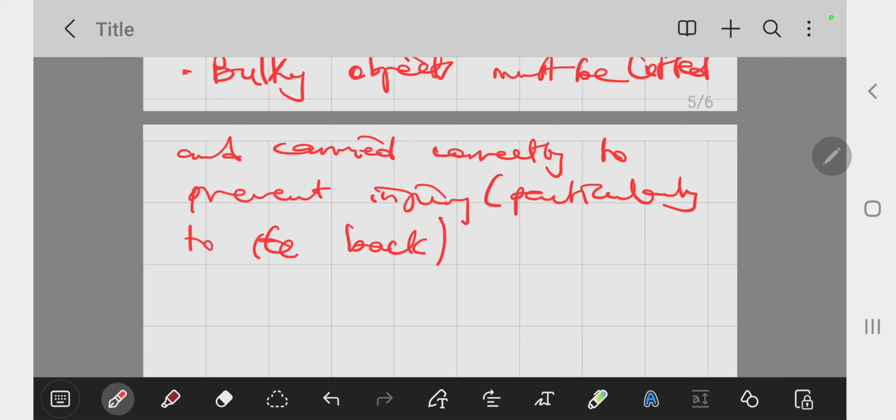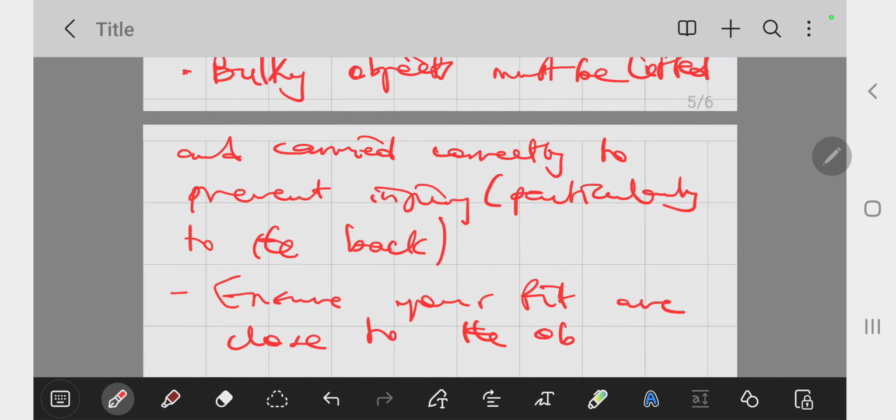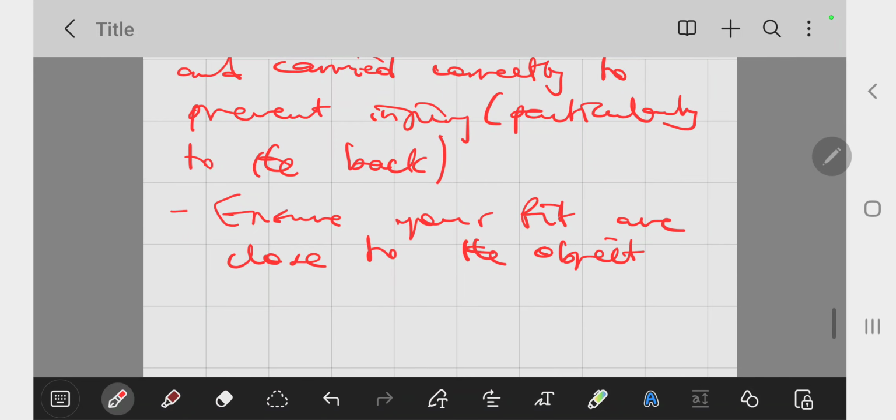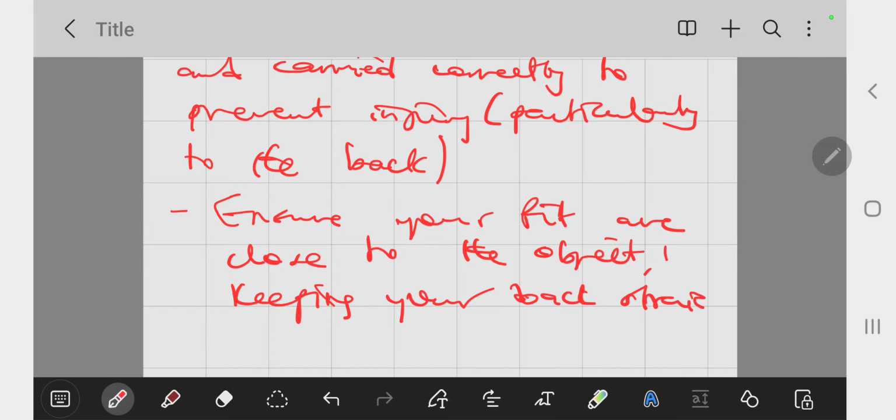But how can you lift bulky objects correctly? Number one, you need to ensure your feet are close to the object, but at the same time keep your back straight. Keeping your back straight.